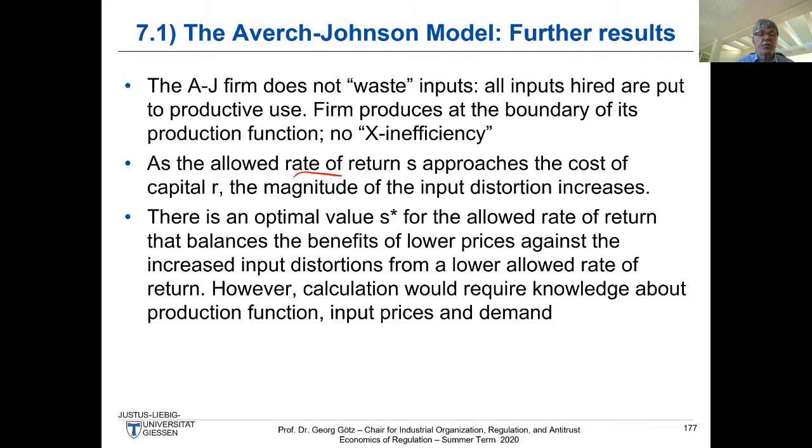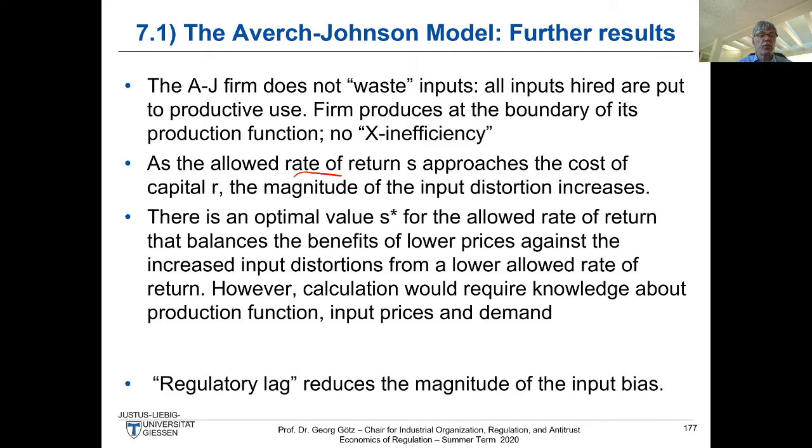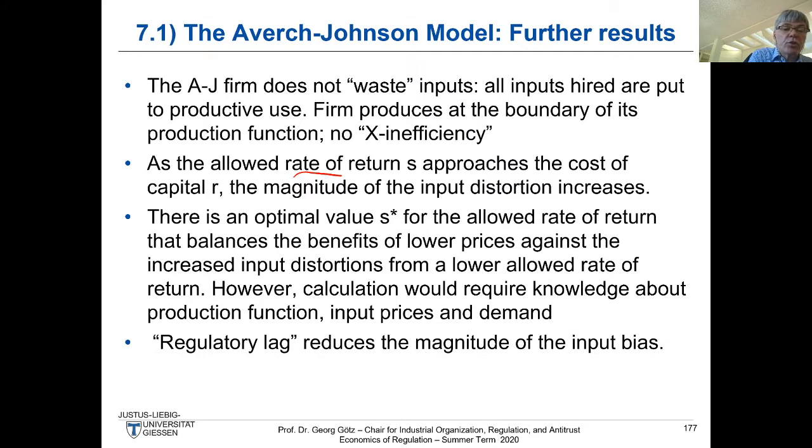If you had that information, it would be better to set the right prices anyway in the first instance. Okay. Regulatory lag we will discuss later on, because if you know you have 5 years until the next cost review or something like that, you might not want to overinvest because that reduces your profit.